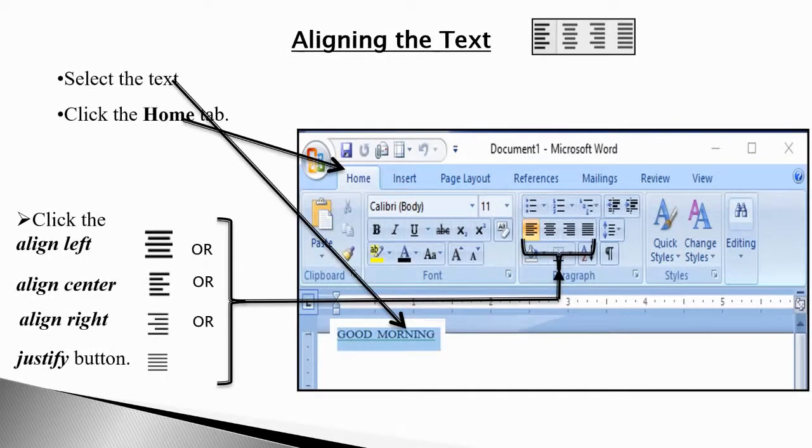So now we have learned what is aligning the text. Now let's take an example of it. Let's align the text good morning. So here first we will select the text, then click on the Home tab and then select any of the alignment.